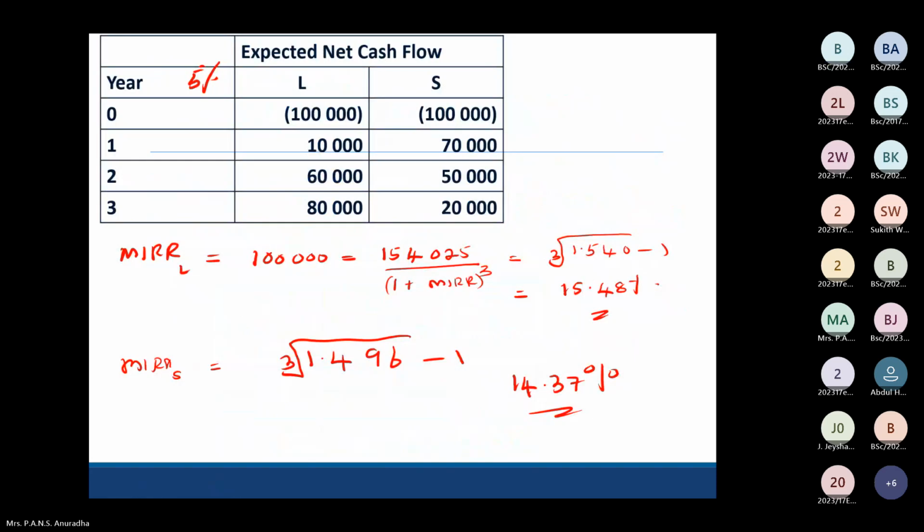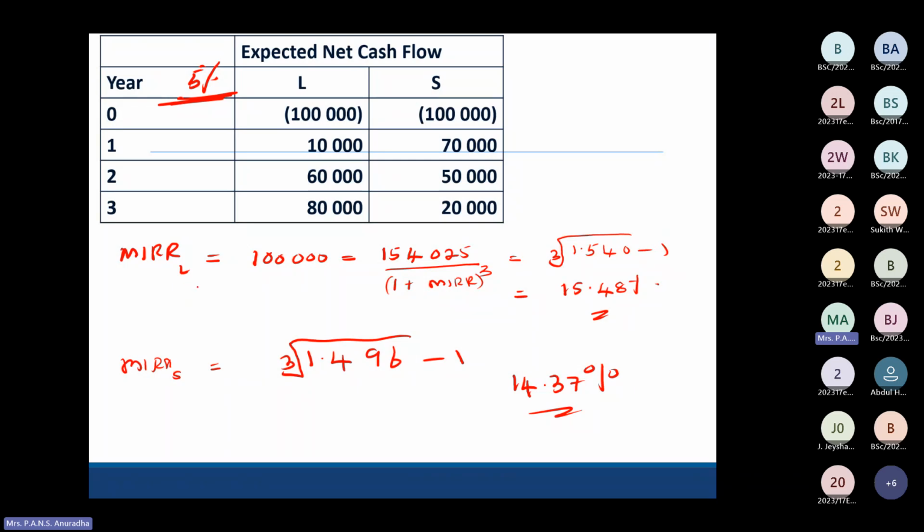Yes, ma'am. Right. So now at 5% cost of capital level, you did the calculation of MIRR for project L and project S.